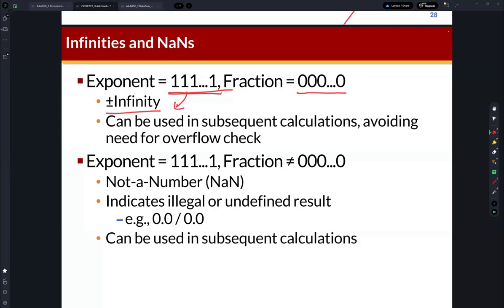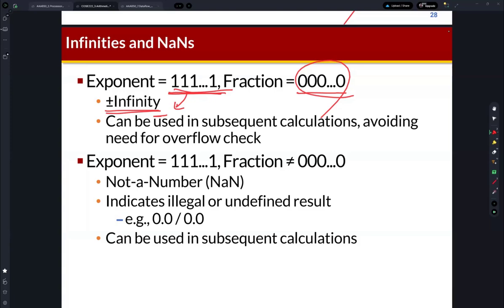It's not real infinity, but if a large number cannot be represented in the floating point format, we need to identify it. So we use the exponent all ones and all fraction bits 0, which means plus or minus infinity. It's not real infinity, but anyway, it's a very large number.